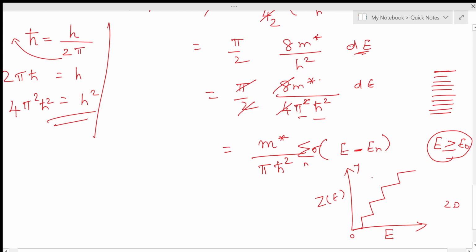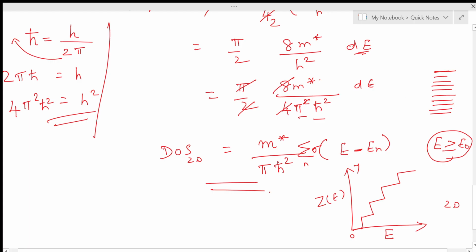The sigma denotes a step function. For energies E greater than or equal to E naught, the two-dimensional density of states is a constant and it does not depend on energy.